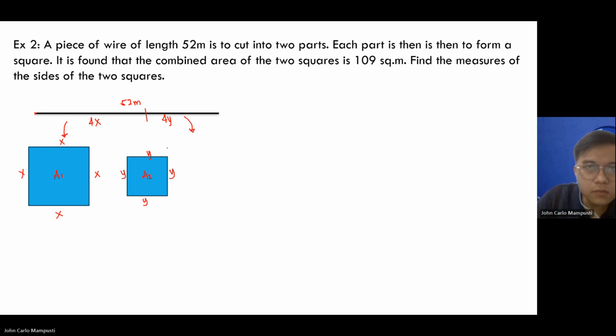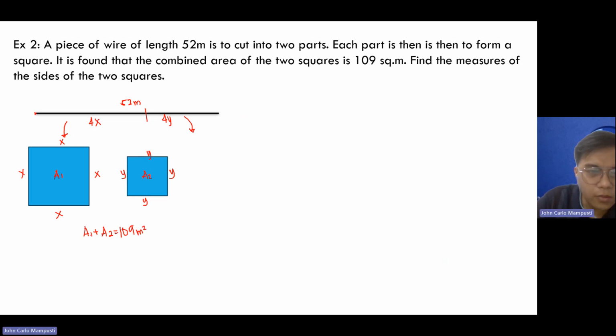Now, as you can see, sabi dito, it is found that the combined area of two squares is 109. Okay? So, ibig sabihin, area 1 plus area 2 is equal to 109 square meter.